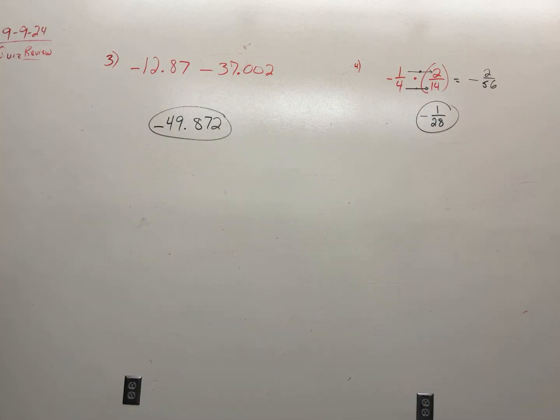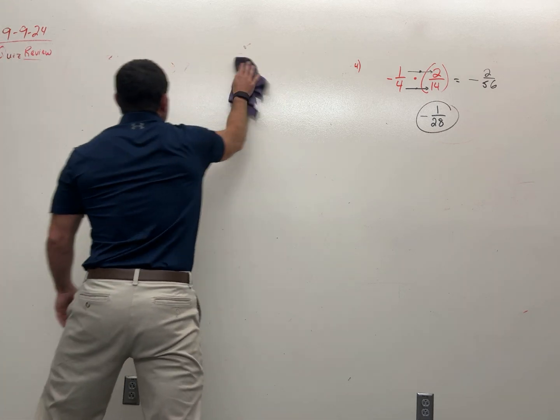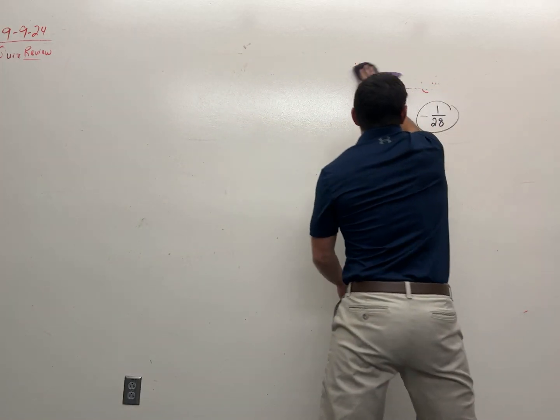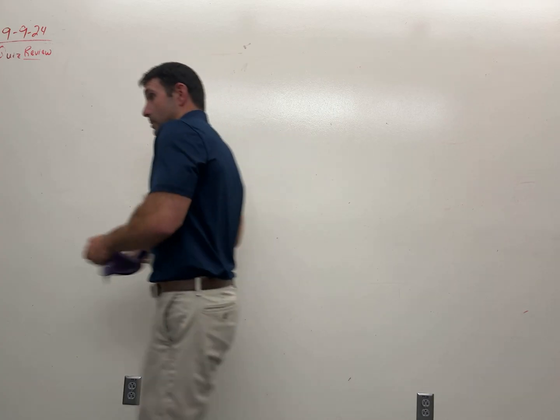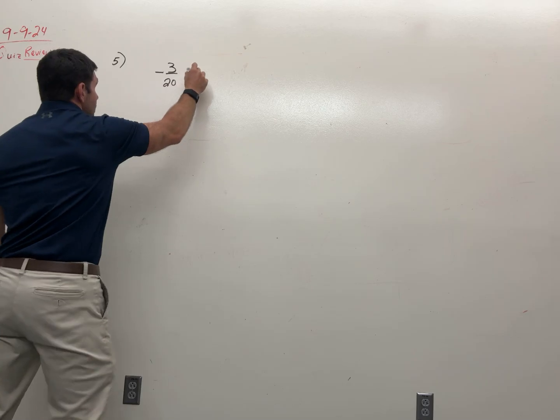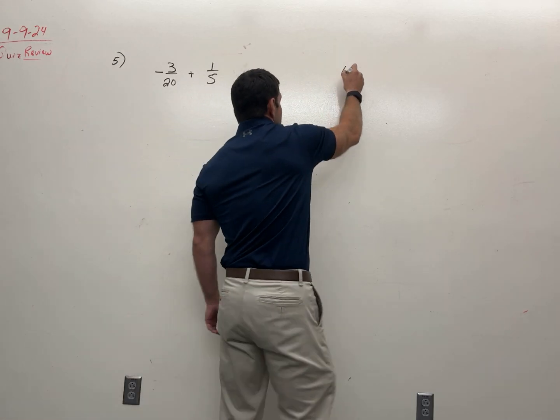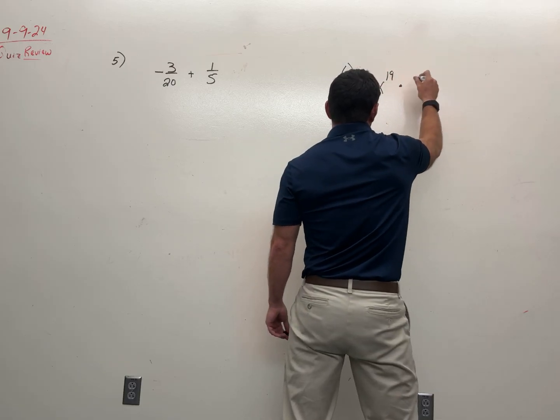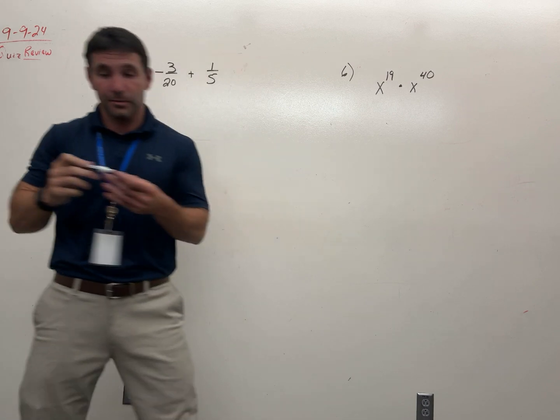Okay, what was number 5? Let's see. Going back to the quiz. Number 5 is -3/20 plus 1/5, and number 6, 8 to the 19th multiplied by x to the 19th multiplied by x to the 40th.